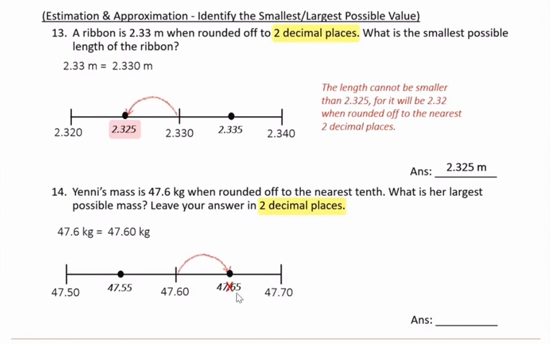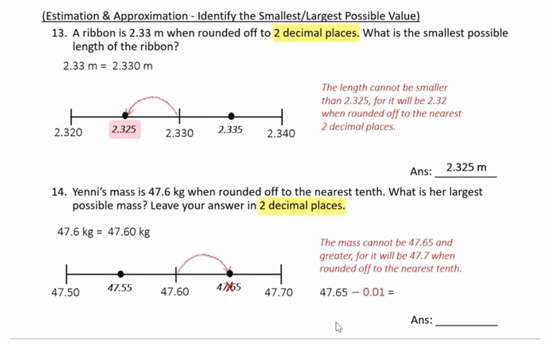Because I told you already, if I want to round to the nearest 10th, the 100th place is 5 and more, I will round up to 47.7. So I just have to minus 0.01. Because you need to minus the 1 from the 100th place. So your answer is 47.64 kg.